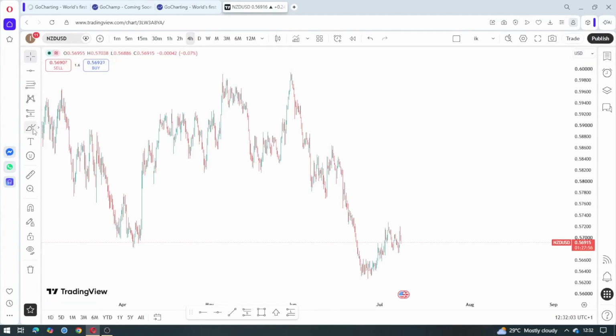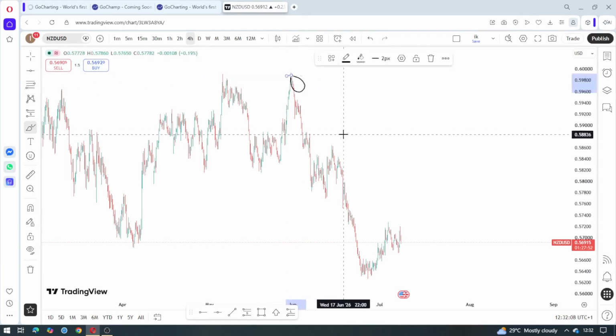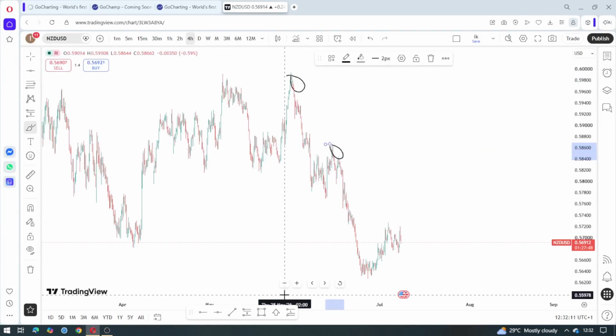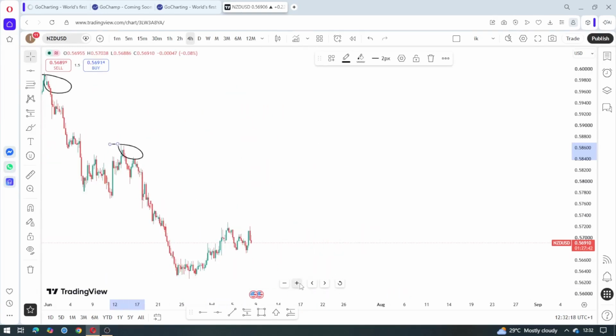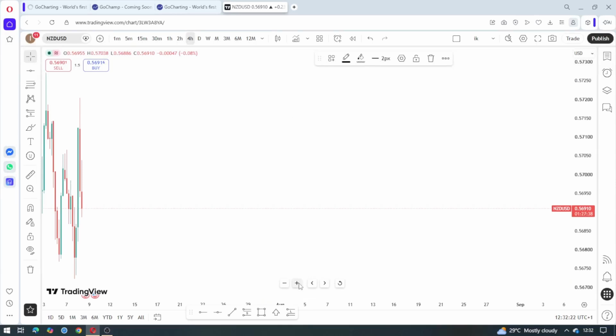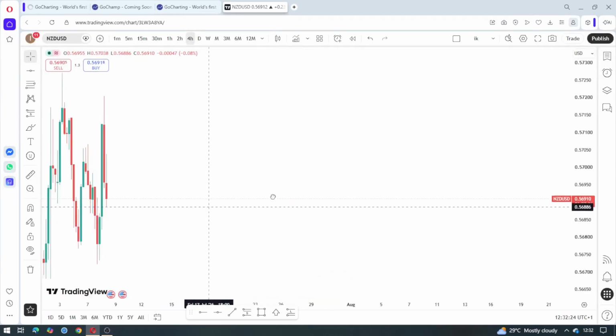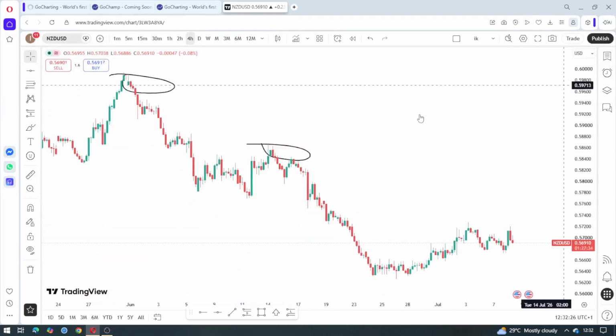And the final area I want to use for the trend line is this point and this point. I'm zooming out.